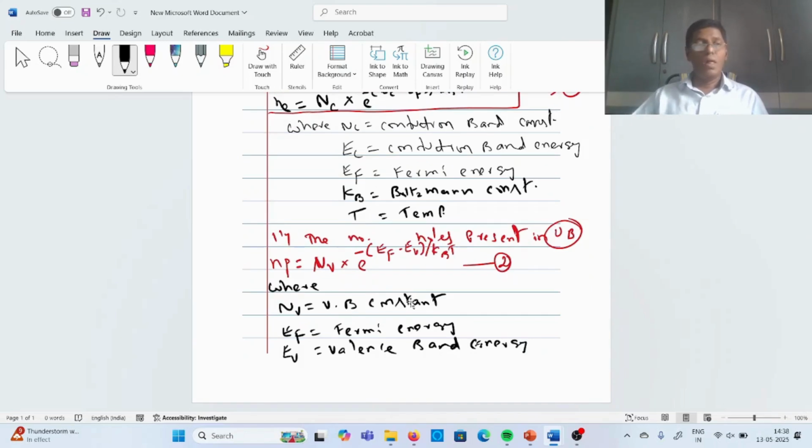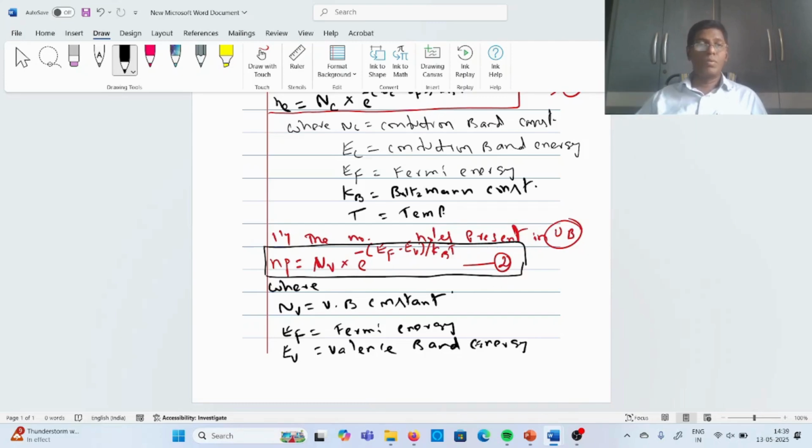Okay, this is about the free electron concentration in the conduction band and hole concentration in the valency band. This can be written using the two expressions. Now equation 1 represents free electron concentration, and equation 2 represents hole concentration.